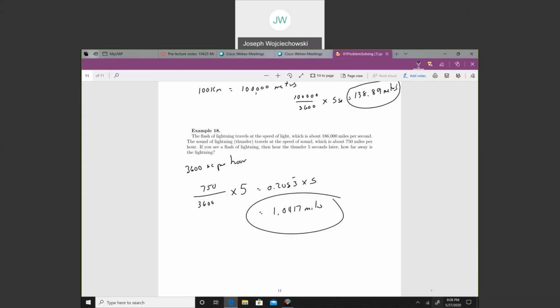So that's a little trick some of you may have known: if you see lightning, count, and for every 5 seconds you count, it's a mile away.